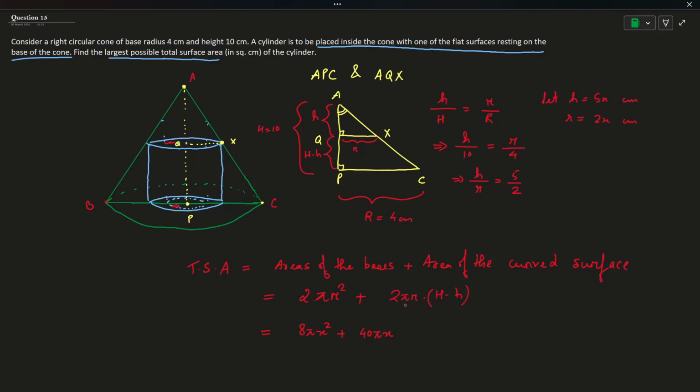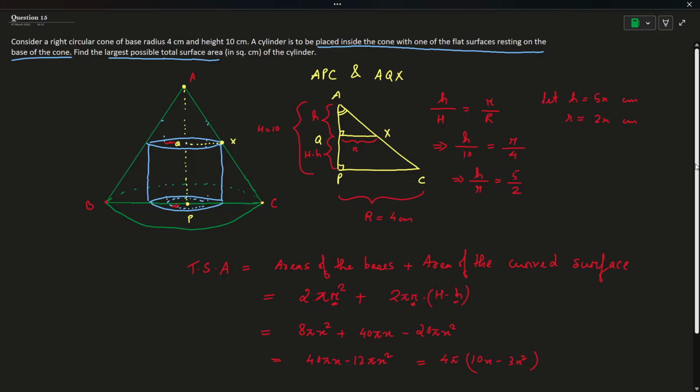Substituting the values of r and h, minus h into r will give me 10x square, 20 pi x square. From here I can say 40 pi x minus 12 pi x square, or I can take 4 pi common. I will have 10x minus 3x square, right, guys?